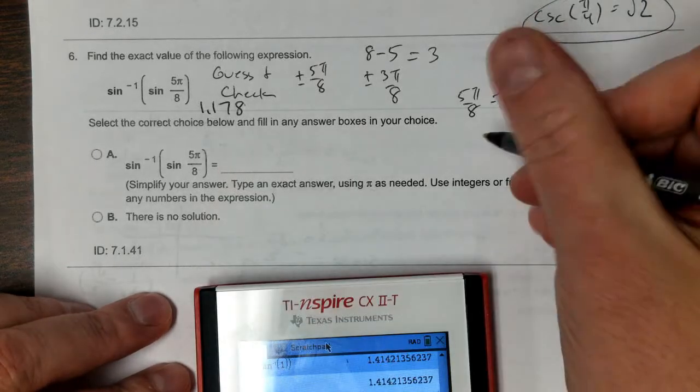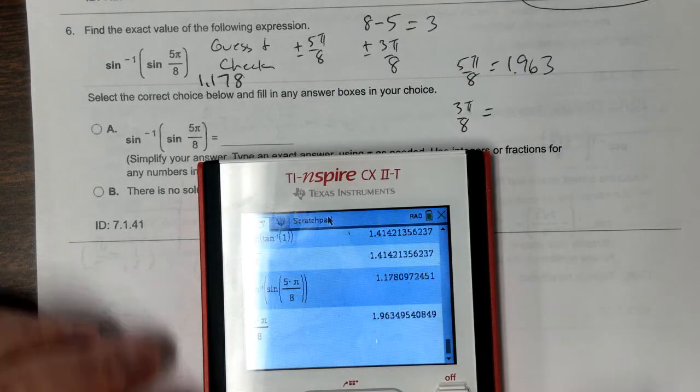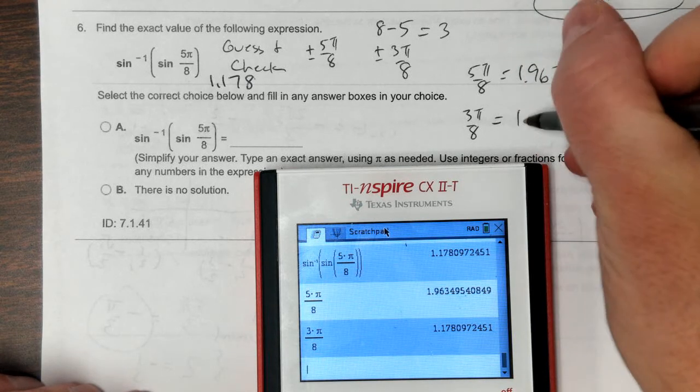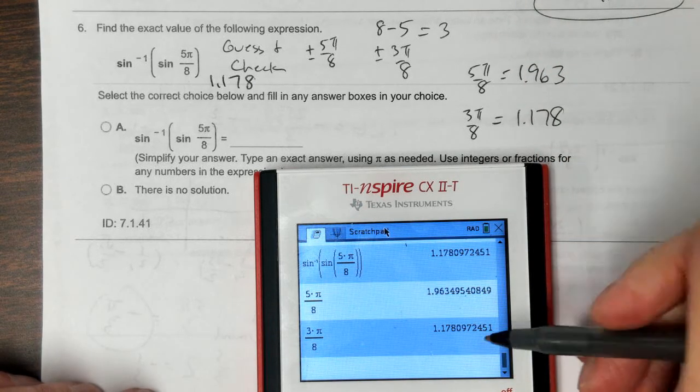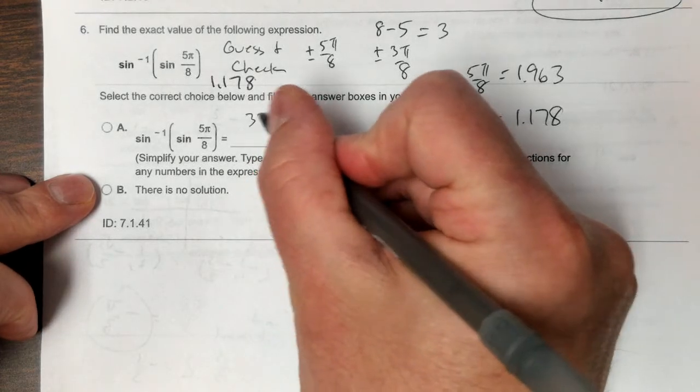So then we try 3 pi over 8, which is 1.178, which is what we wanted. And so then our answer is 3 pi over 8.